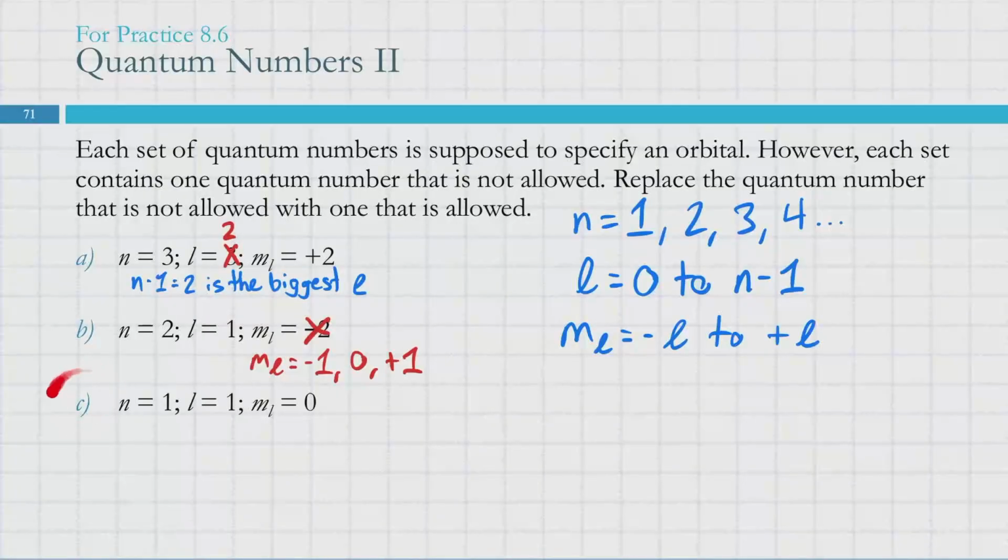And then for C, we can have n equals 1, that's our lowest n number. Can we have L equals 1 with n equals 1? No, we can't. Because it goes from 0 to n minus 1.